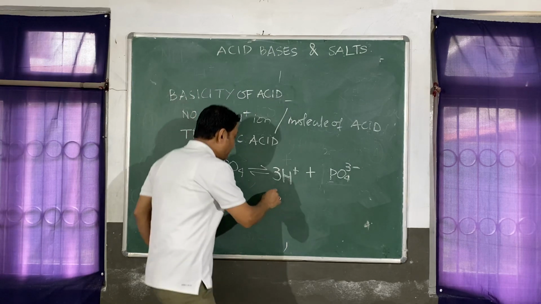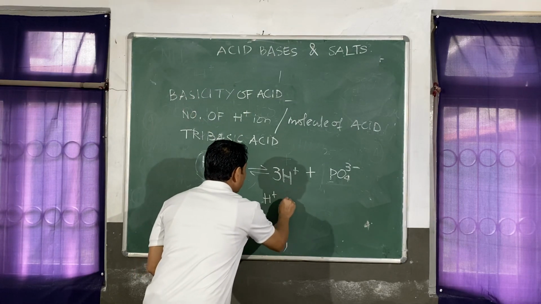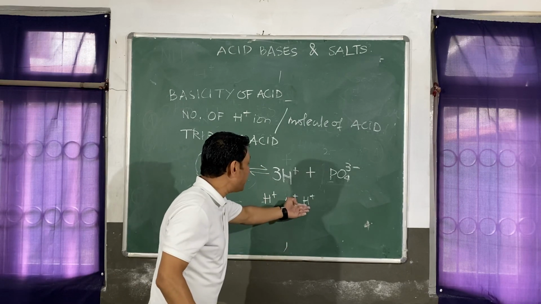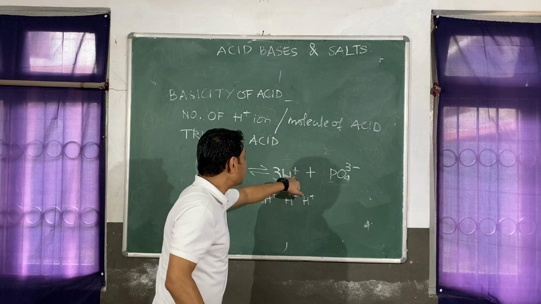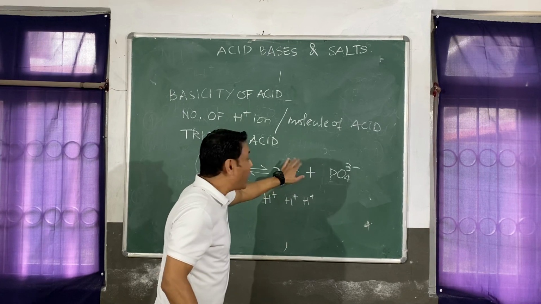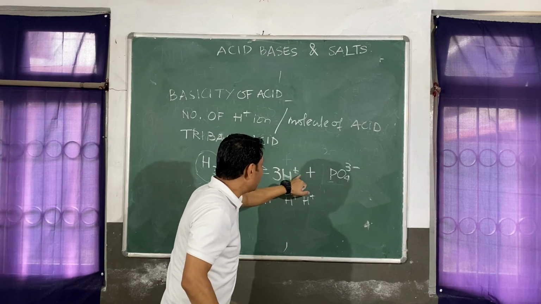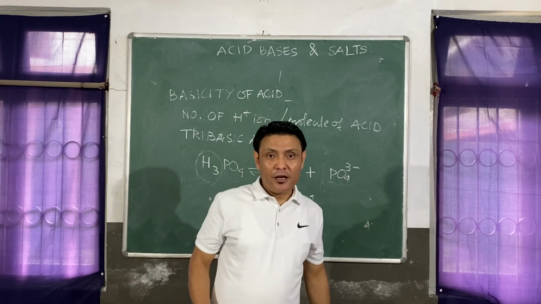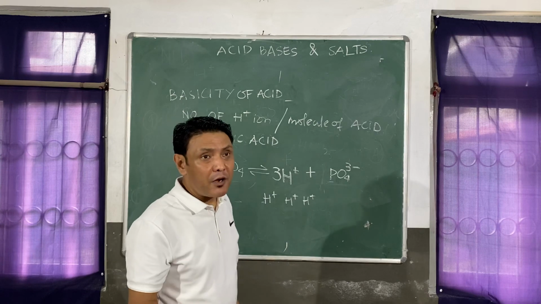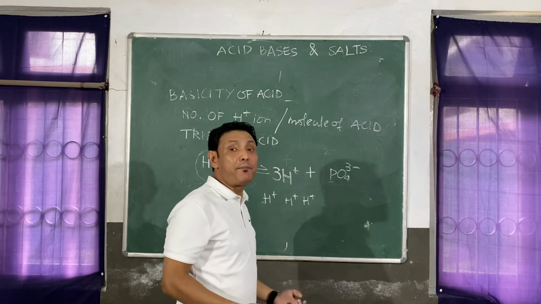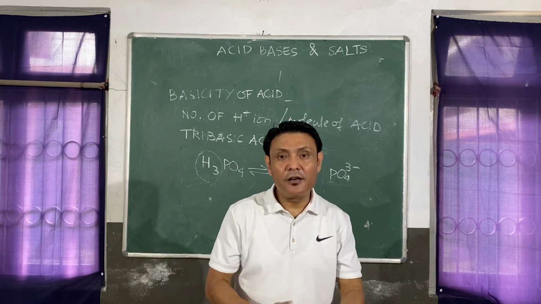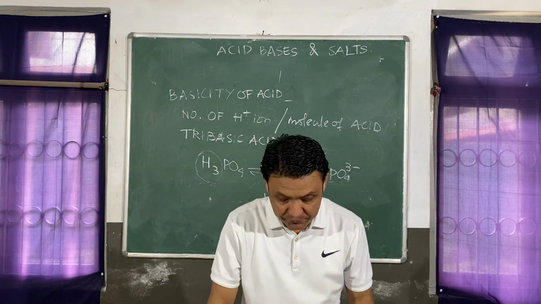There are 3 H, like 3H plus means H plus, H plus and H plus. 3 ions of hydrogen having a single positive charge. Why a single positive charge? Because the valency of hydrogen is 1. So the number of charges depends upon the valency. That's why I told you all to learn the valency properly.